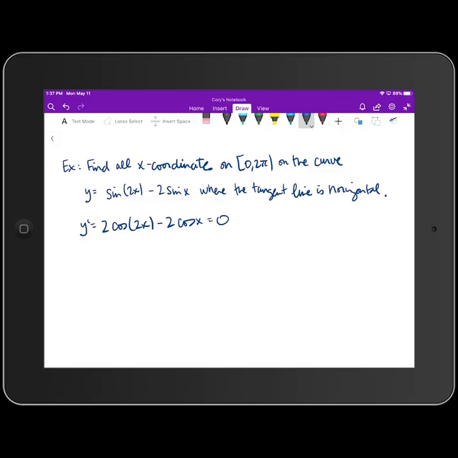It only makes sense to use the one involving cosine only, because if we use the double angle formula involving sine and cosine, then we work a sine function in here, which is going to be problematic for us to figure out where that's going to be equal to 0. And if we use 1 minus 2 sine squared, again that works another trig function in, which is problematic for figuring out where that's going to be equal to 0. So we're going to replace cosine of 2x with 2 cosine squared of x minus 1.